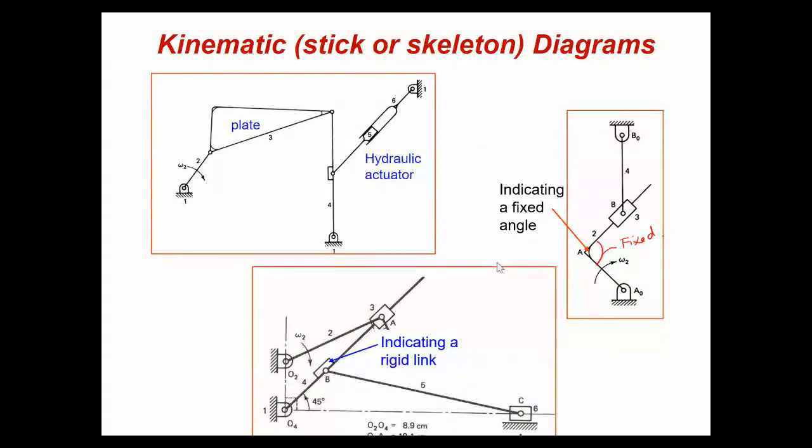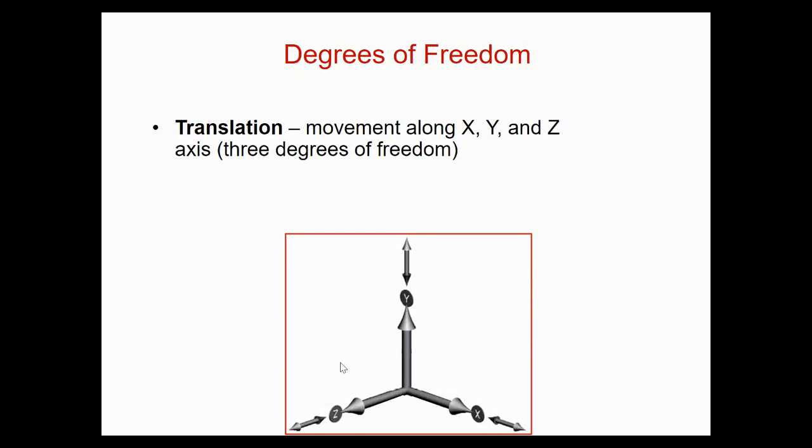And again, this thing we put there indicates that you have a rigid link. So these are the conventions used in the kinematic diagrams. So I wanted to talk about these. So we come to degrees of freedom again. So we will briefly talk about that. There is translation.